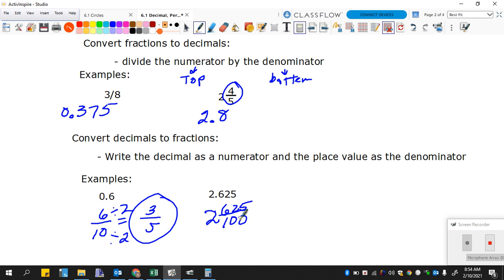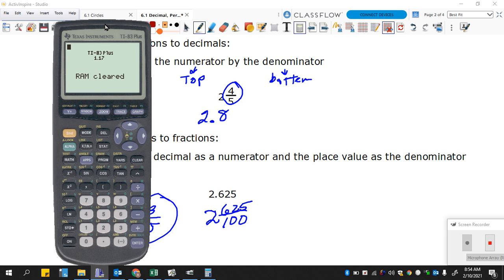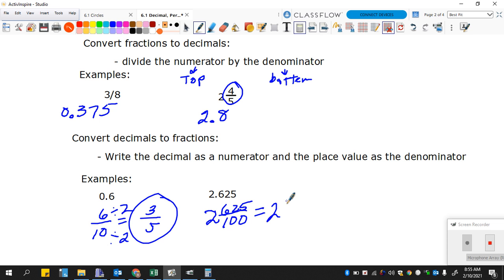Now this is one where I'm going to actually use the graphing calculator, and I'm going to say 625 divided by 1,000, and I'm going to do math, enter, and we end up with 5/8. So this turns into 2 and 5/8.